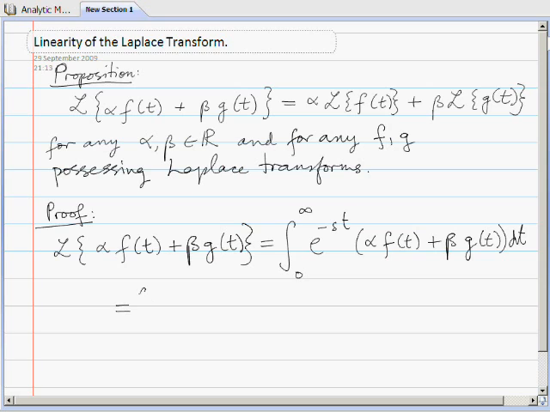So I hope it's clear that we should multiply this exponential term into this bracket, and we can rewrite this as alpha times e to the minus st times f of t plus beta e to the minus st g of t, and this whole integral is done with respect to t.